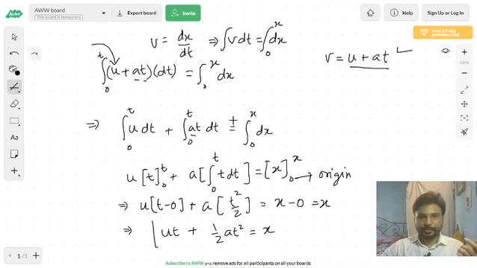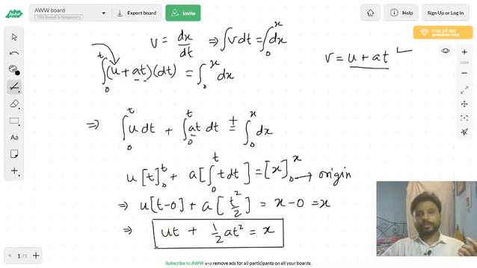So let us draw a line here. This is the expression: ut plus half at square is equal to displacement.